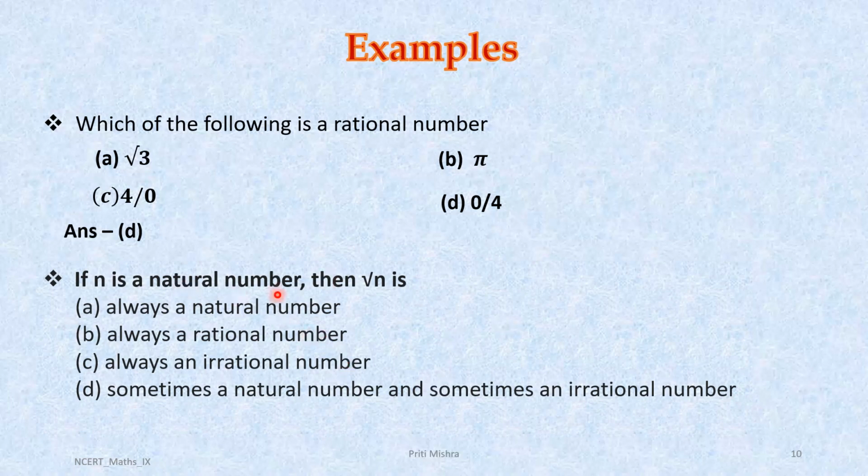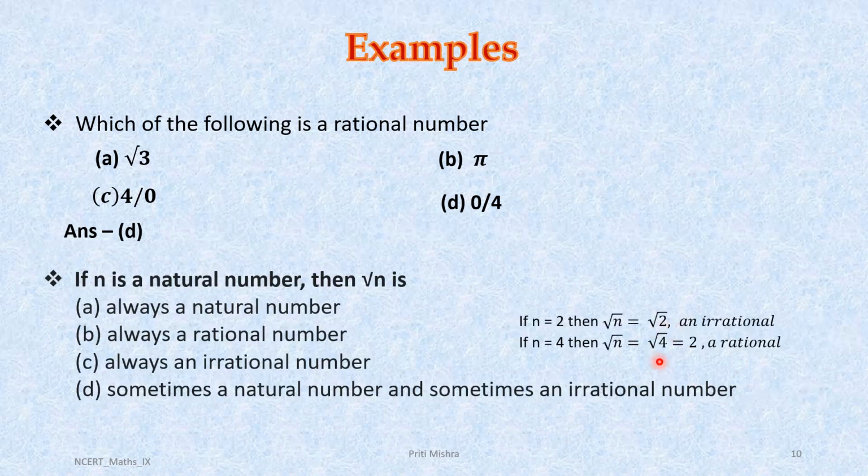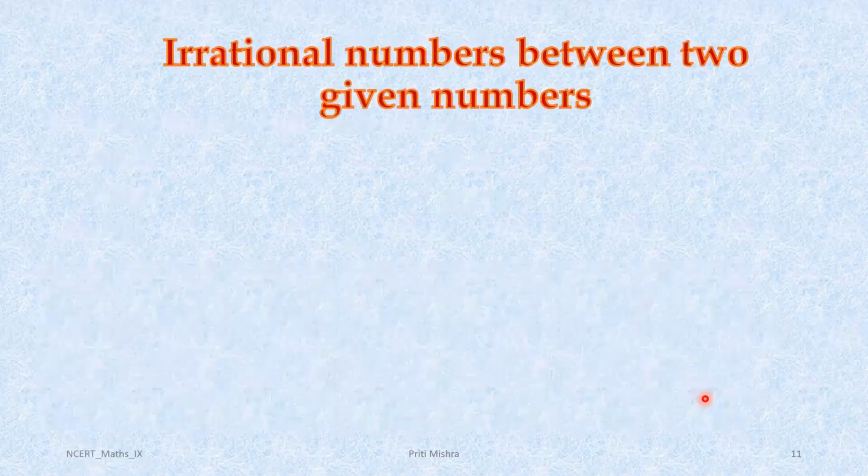If n is equal to 2, then square root n will be square root 2, and square root 2 is an irrational number. If we consider n is equal to 4, then square root 4 is 2, and this is a rational number. So our answer will be option D, sometimes a natural number and sometimes an irrational number.